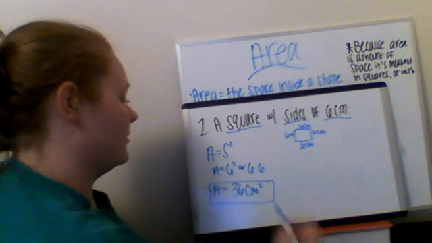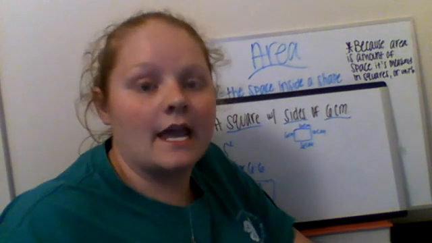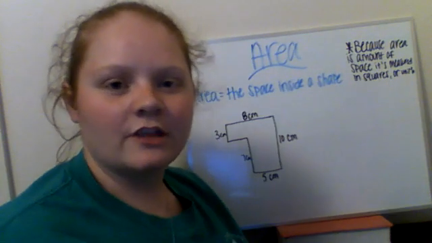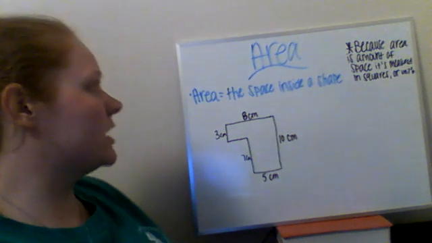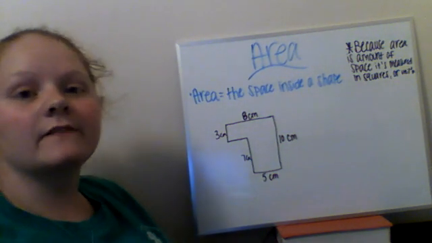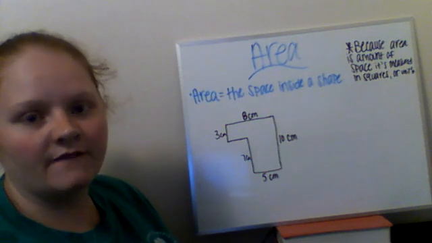Centimeters squared. Okay, so let's look at a different way an area problem can be written out for you. Let's look at this figure I have on my board. Sometimes when you're in the math classroom and you're talking about area, you could be given a big figure and you need to figure out the area of that figure.